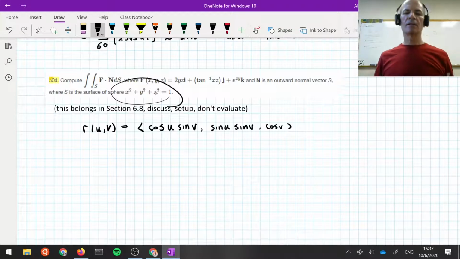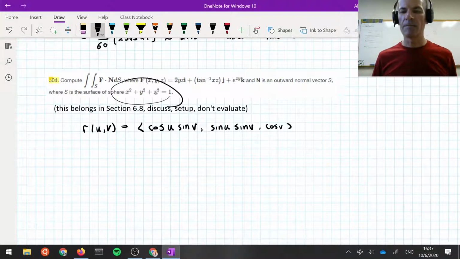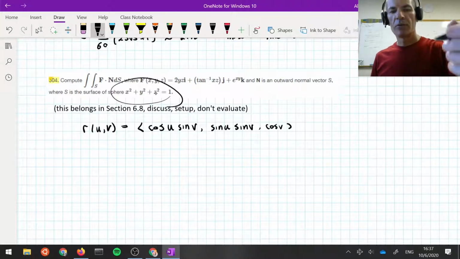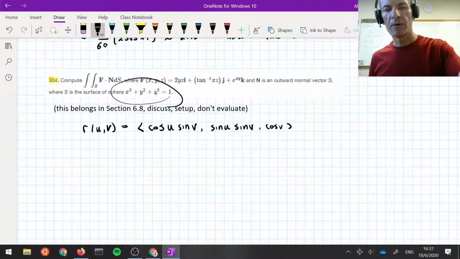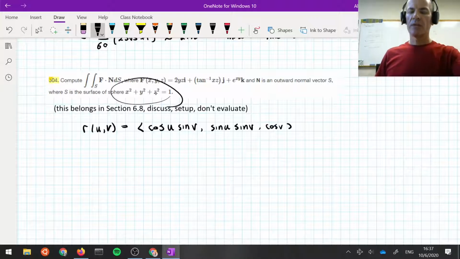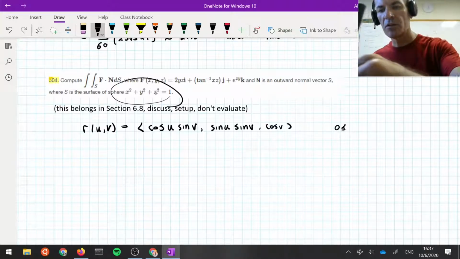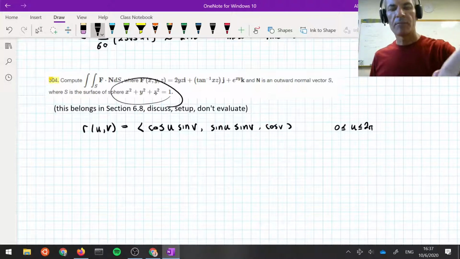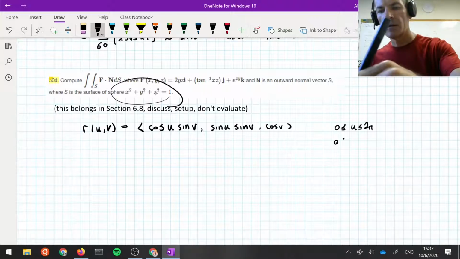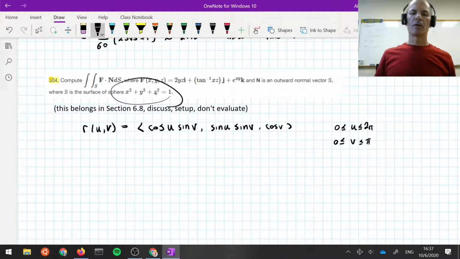Playing the role of theta is u, playing the role of phi is v. Whenever you write down a parameterization, of course we want to write down the range of the parameter. U playing the role of theta and building the whole sphere, u is going to go from 0 to 2 pi. And v playing the role of phi, again covering the entire sphere, is going to go from 0 to pi, from North Pole to South Pole.